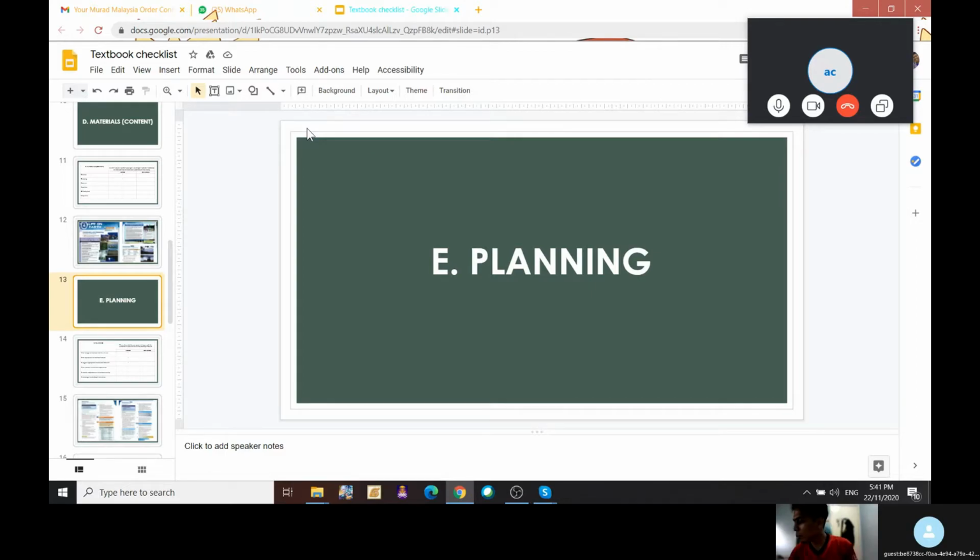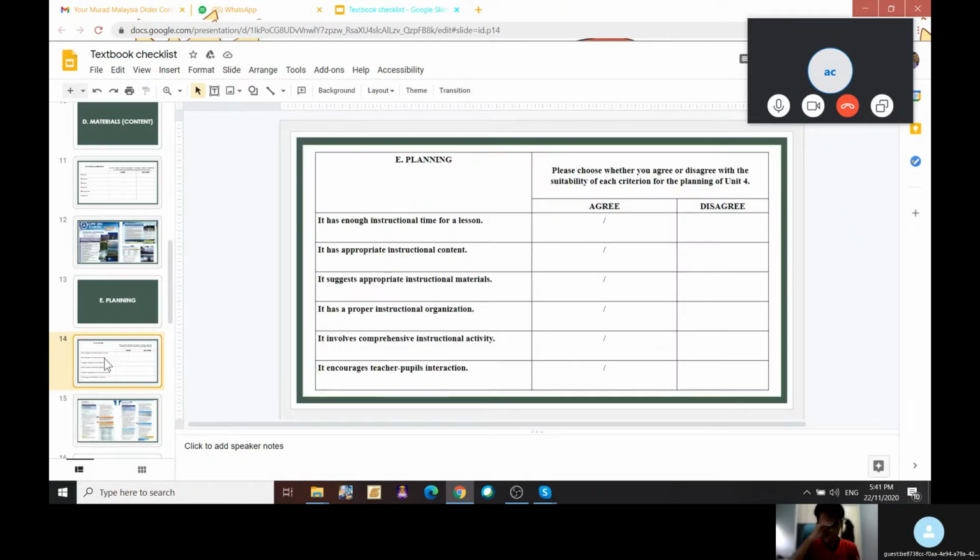So, the planning part. Here we can see that in the planning part, we need to make sure that the syllabus has enough instructional time for a lesson. It also must have appropriate instructional content.